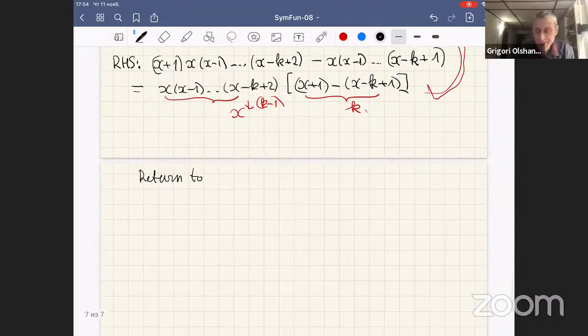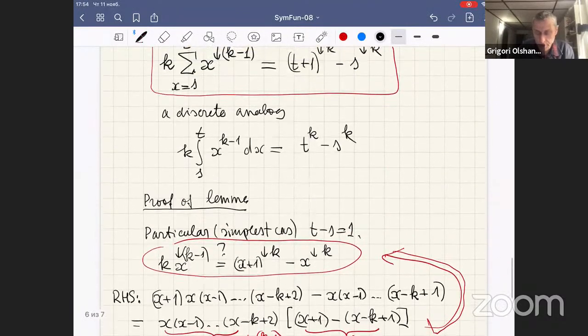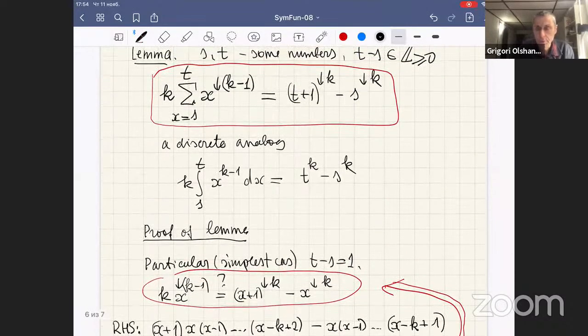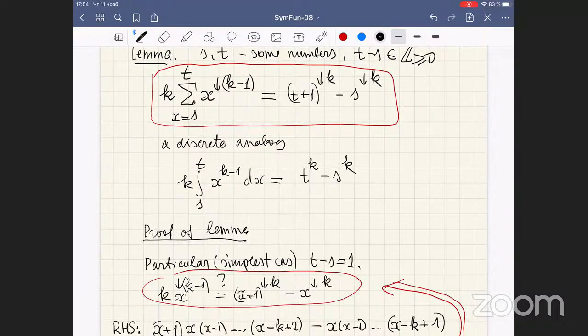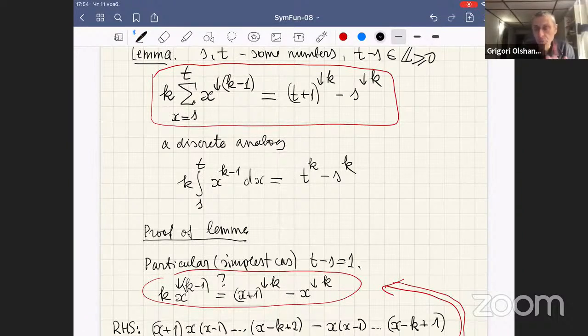But this is continuous. This is some continuous version. It's not a direct one. So we have to imagine that. So if you want, for instance, to deduce this fact from this one, what do we have to do?